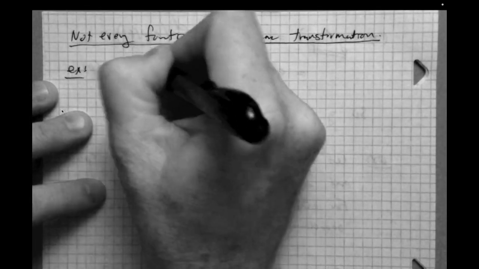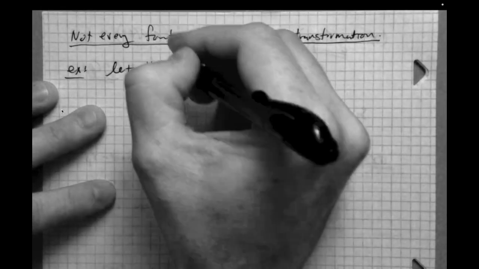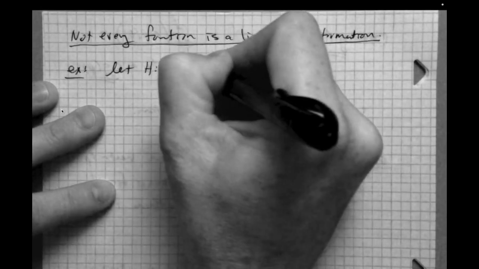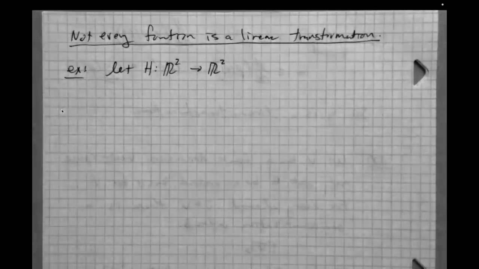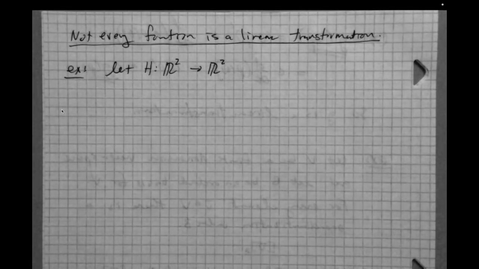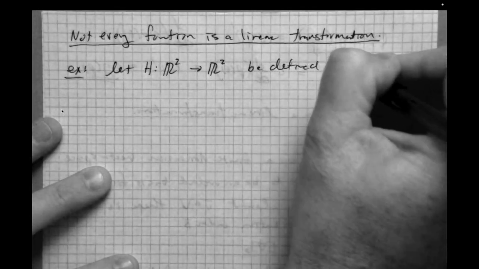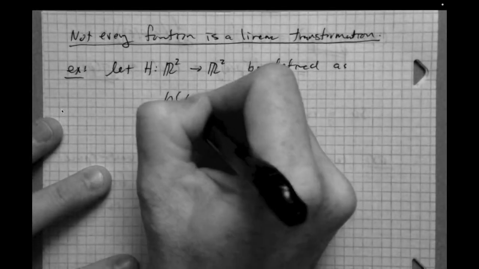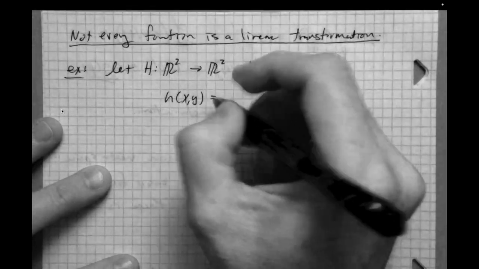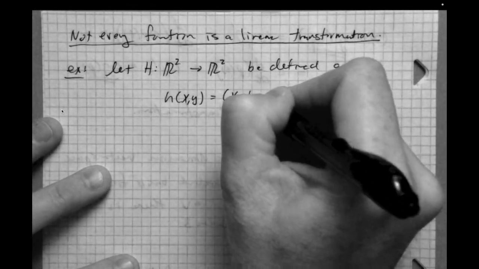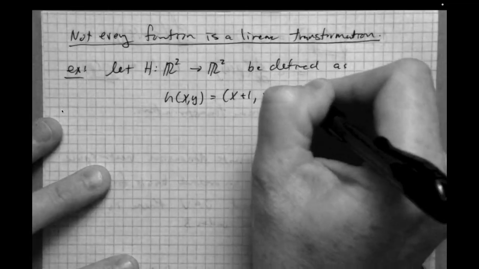Let h be a function from R2 to R2, obviously two vector spaces. And let's define it as h of (x, y) is equal to (x plus 1, y minus 2).